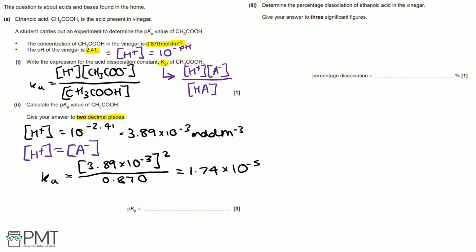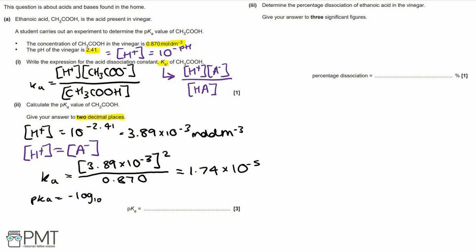But we're asked to work out the pKa value. So we do pKa equals negative log 10. We're using the same equation we would use for pH, but instead of H+, we're using Ka.